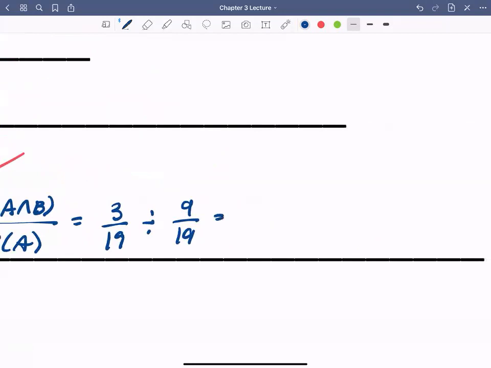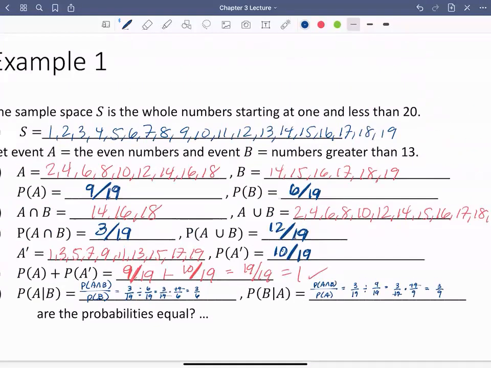Again, I leave my first fraction, change to multiplication, and flip my second fraction, which is 19 over 9 now. These 19s divide out, and I get 3 over 9. So are the probabilities equal? No. One's 3 over 6, the other is 3 over 9. That's 1/2 and 1/3. They're totally different numbers, so don't think that A given B is the same as B given A.